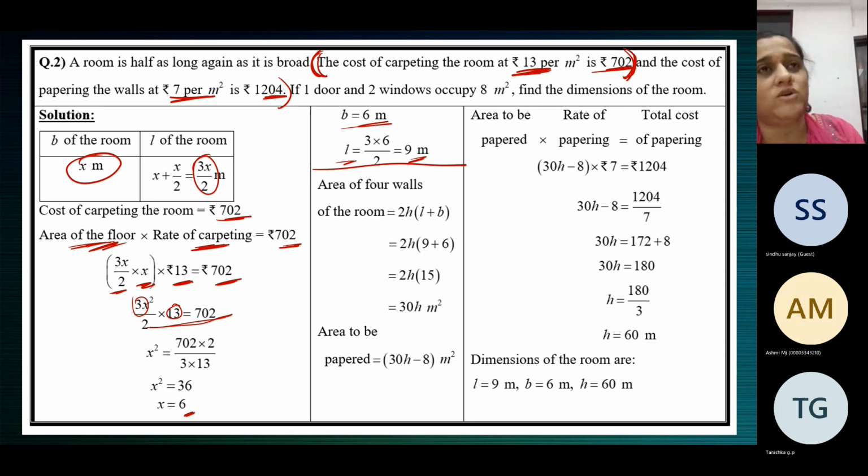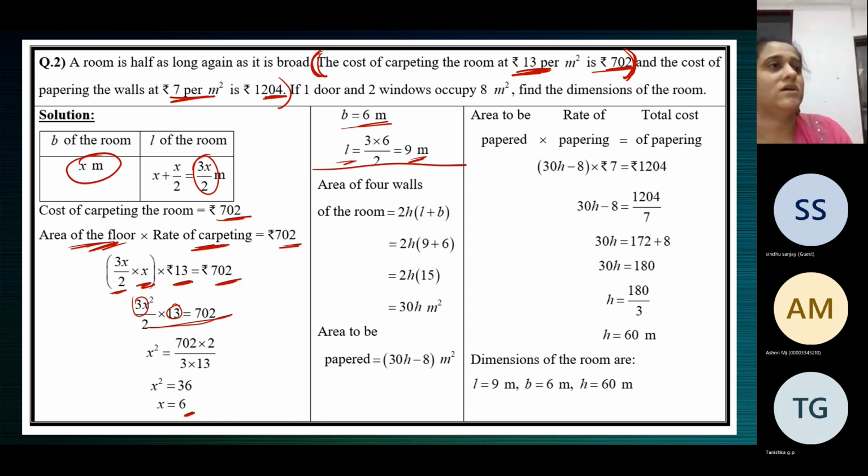Because when you use the formula 2h into L plus B, it always includes the doors and windows. Whenever you find 2h into L plus B, you are finding the area of 4 walls, including the area of how many ever doors are there, how many ever windows are there.